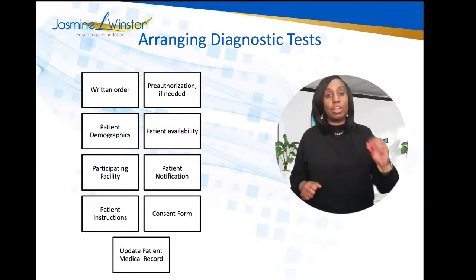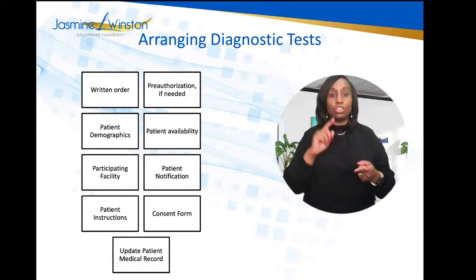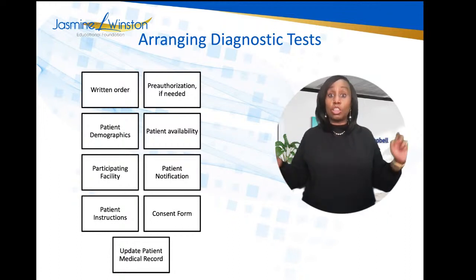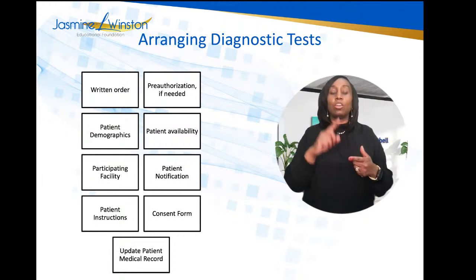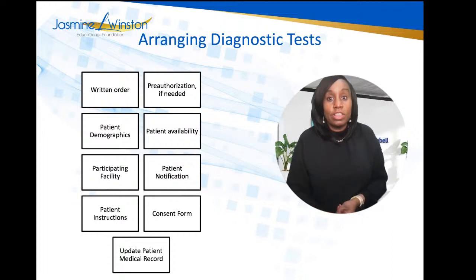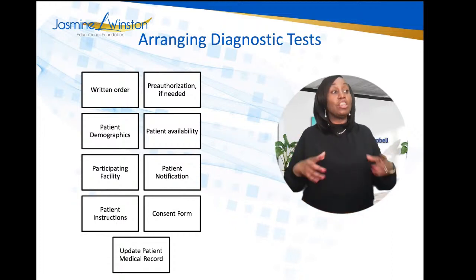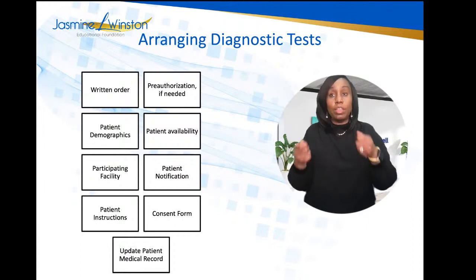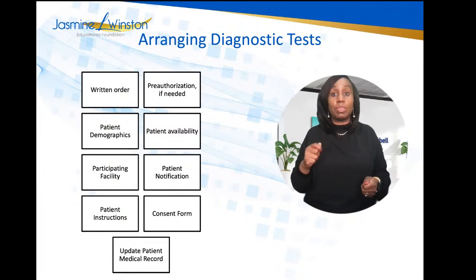And so the written order, it's our job to make sure that the order shows, I like to call it the who, what, when, where, and why. So, the patient's name, their date of birth, what the doctor wants, and why the doctor wants that test. Because when you call the hospital to arrange the test for the patient, they're going to ask you that information.